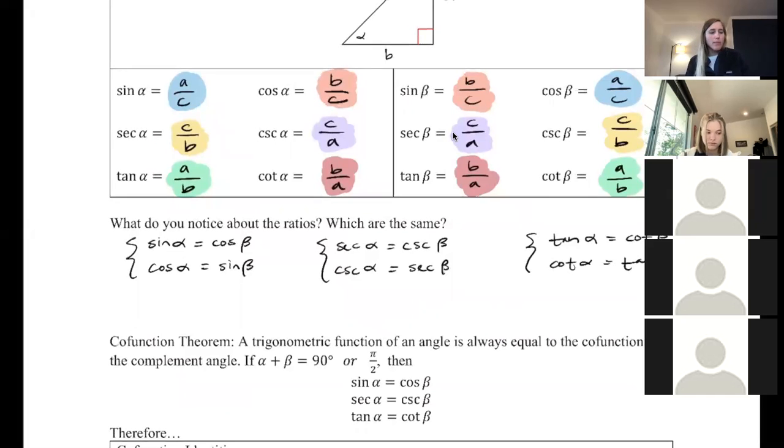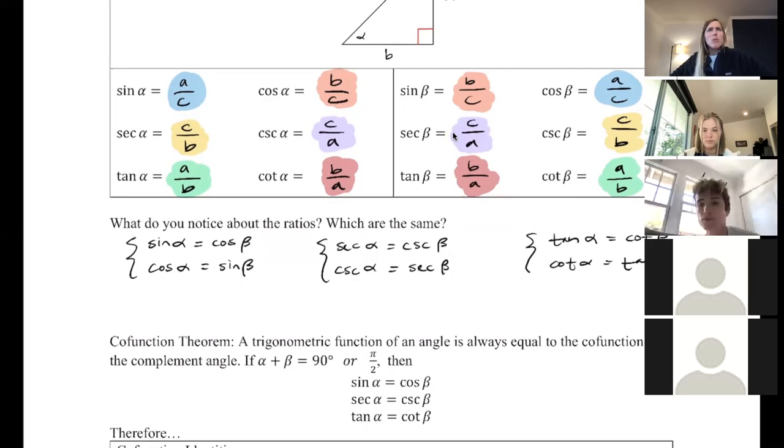But every year when we start trig, everyone always goes, oh, well, the reciprocal of sine should be secant because it starts with S, and the reciprocal of cosine should be cosecant. But that's not the case, obviously. The naming of the trig functions has nothing to do with reciprocals.